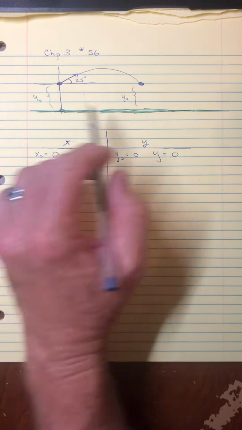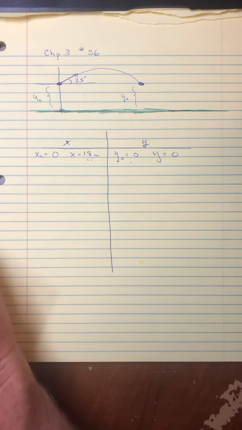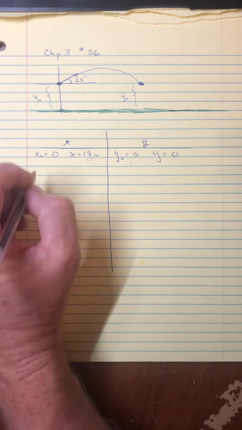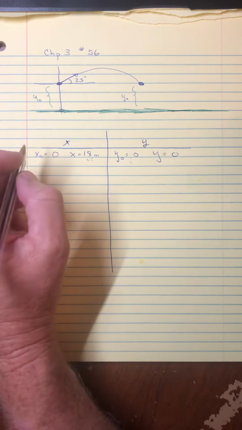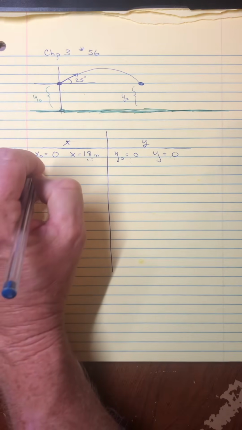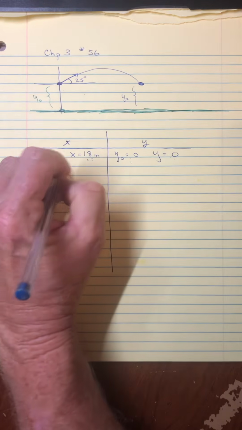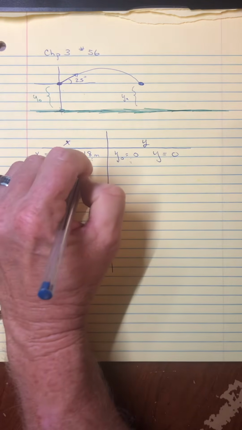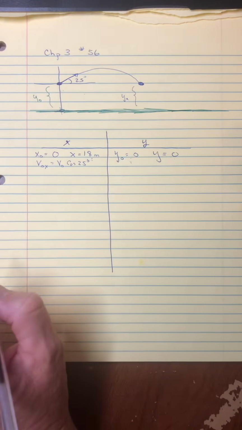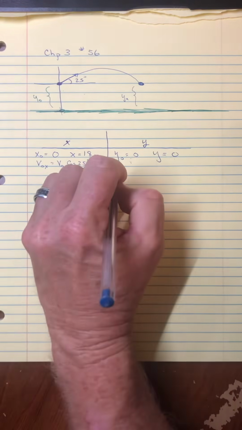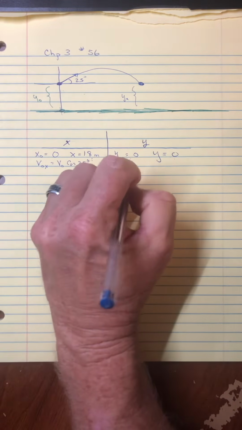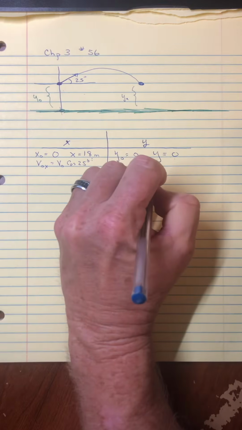And what we're going to do is measure the speed relative to the ground. And so there is some initial speed, v naught, and I'll call v naught x, equaling v naught cosine of 25 degrees, and v naught y equal to v naught sine of 25 degrees.